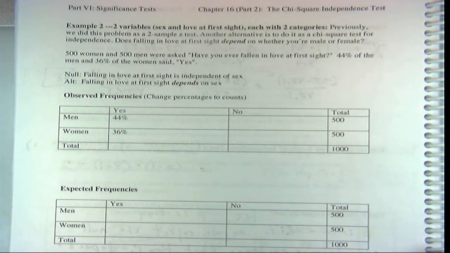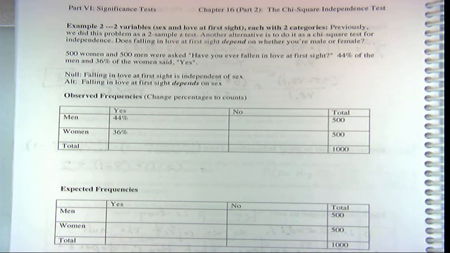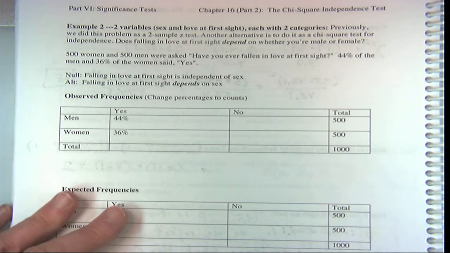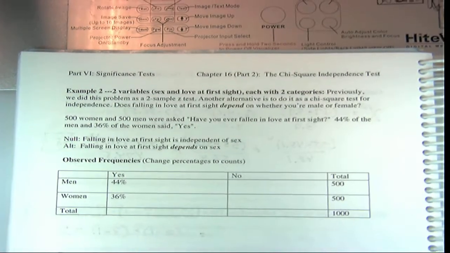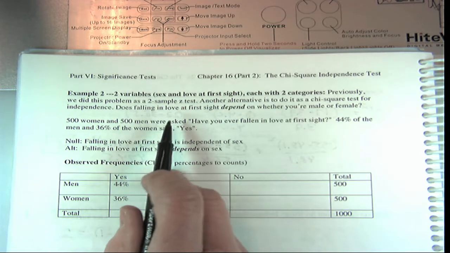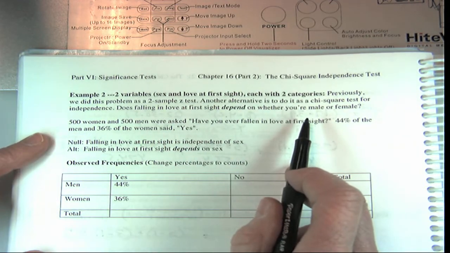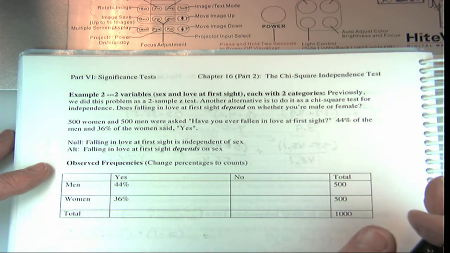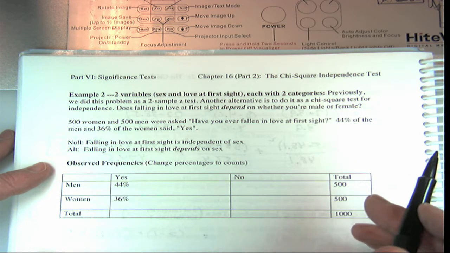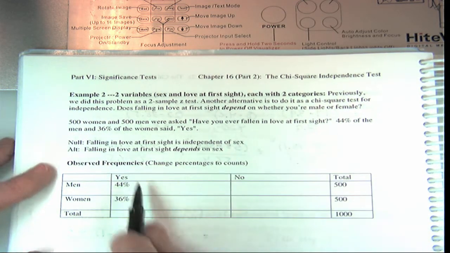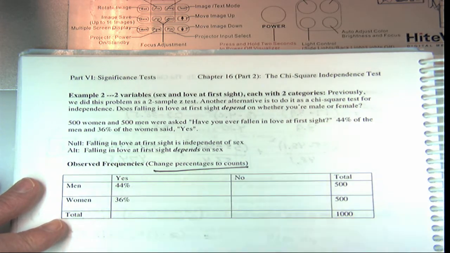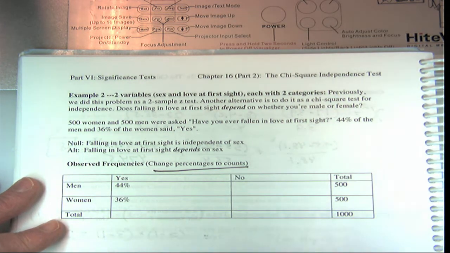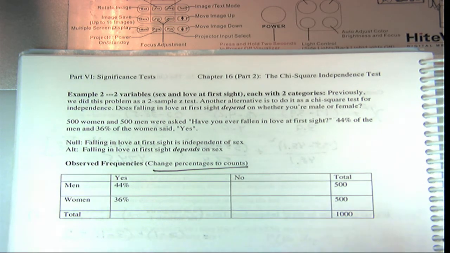All right, now, this shows how we could do this quickly. This shows how we could have done the two-sample Z test we did before as a chi-squared. Remember we had this, and we saw these percentages. All right? So now, to do chi-square, you always have to change percentages to counts. How would we do that? Same thing that we did on page 80 previously.